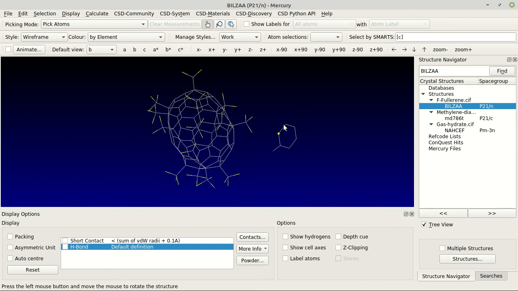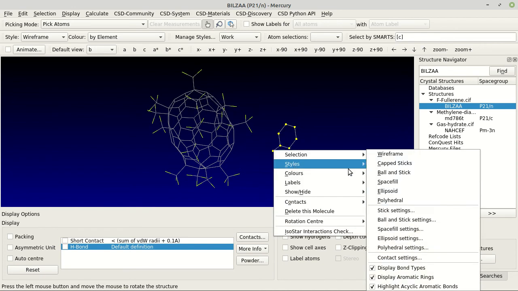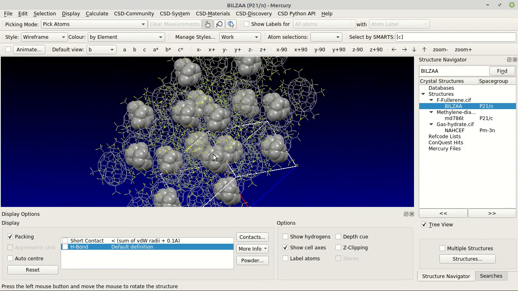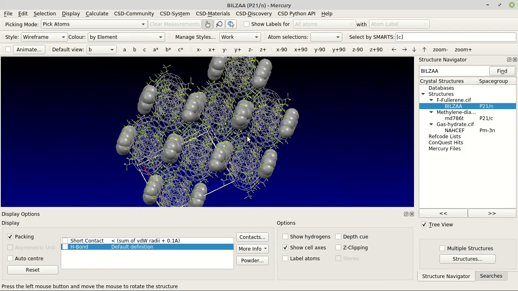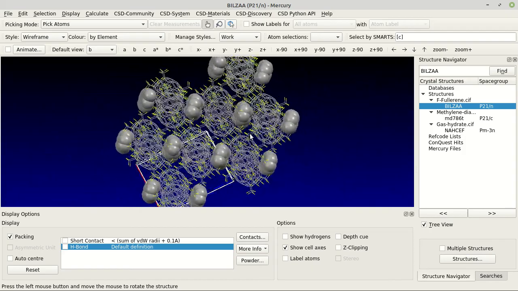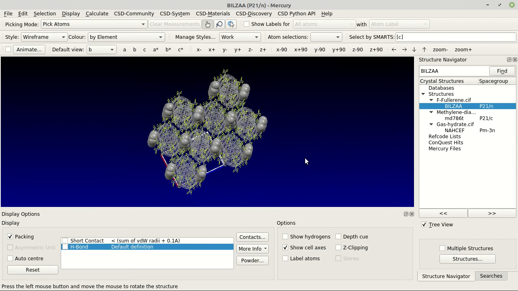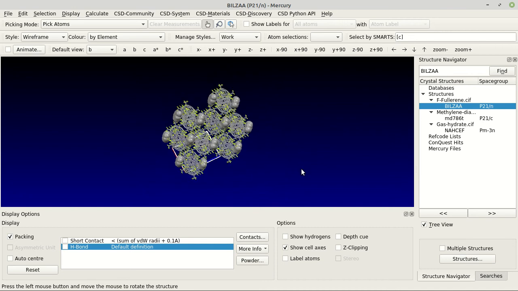We switch here to ball and stick of toluene, only with toluene. Or no, better we make space-fill. So now we mark the packing. When you see the voids, I think now it is possible to see. No? The voids of the crystal packing here are filled with toluene. No? Okay.